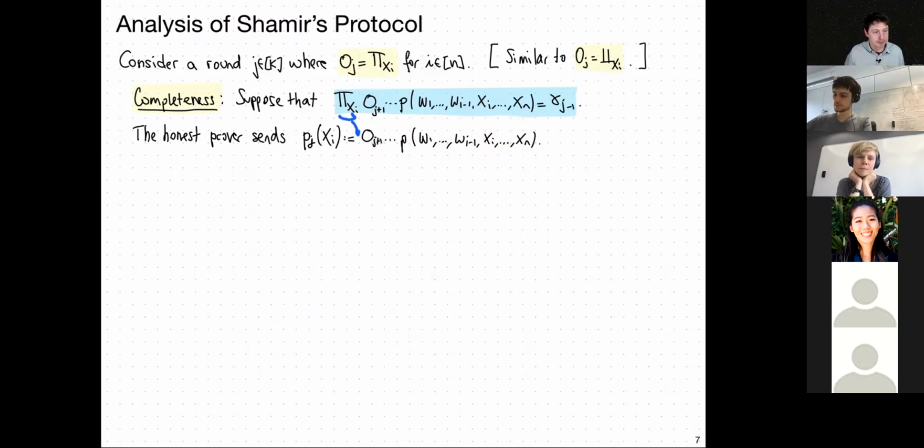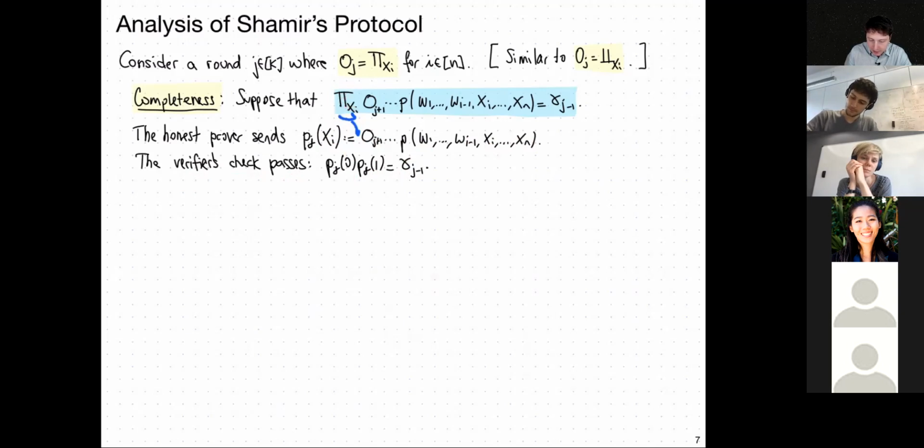Now, because the honest prover sends this polynomial, the verifier's check passes, because the verifier checks this. If you apply this operator to this expression, you're going to get that one, which is what the verifier checks. Okay, great. So the verifier's check passes.